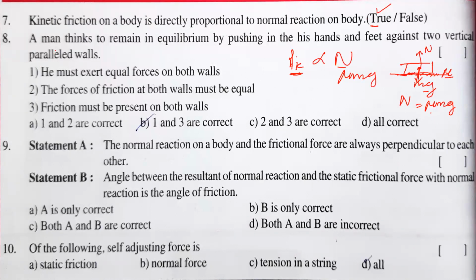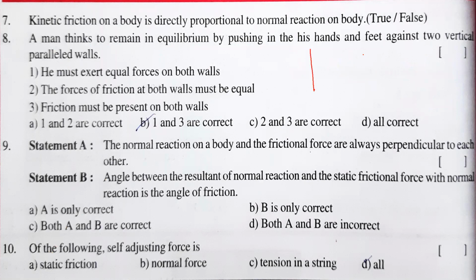Next question. A man tries to remain in equilibrium by pushing the feet against two vertical walls. I'll just give a hint for you. Like two vertical walls are there, children. The man is standing here, remaining in equilibrium, pushing his hands and feet against the two vertical walls.